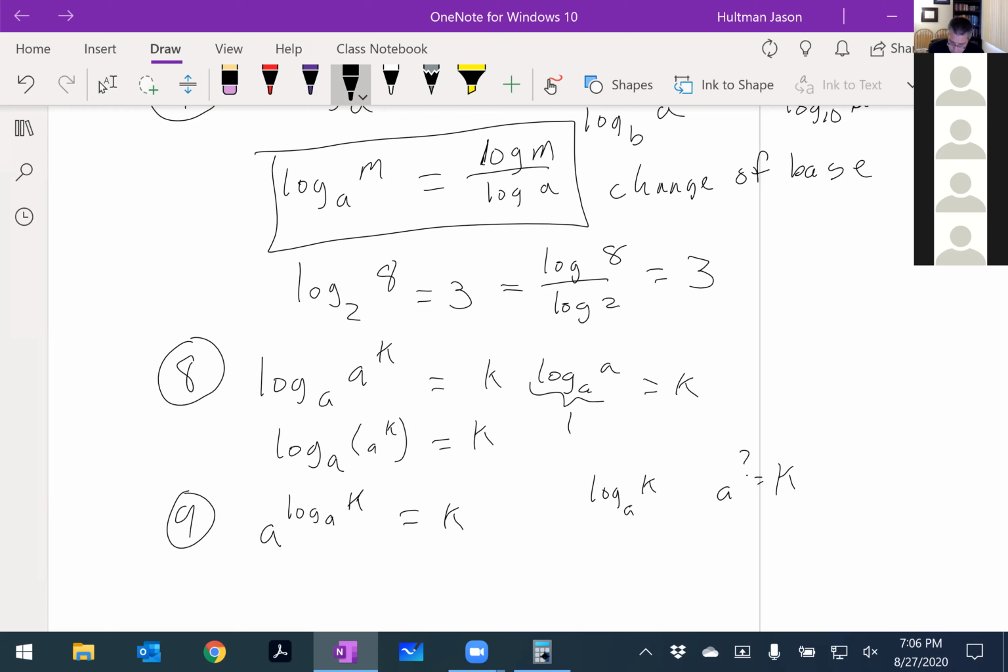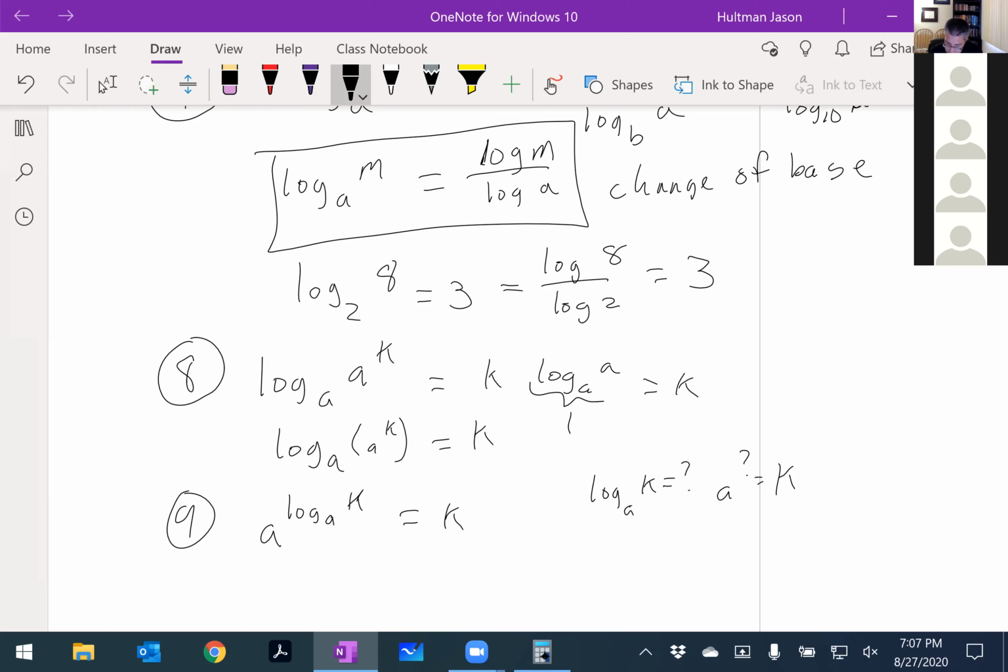So this whole log base a of k, I'm going to make that my question mark. I don't know what that is, but I do know that if I translate this, a to the what power is equal to k?